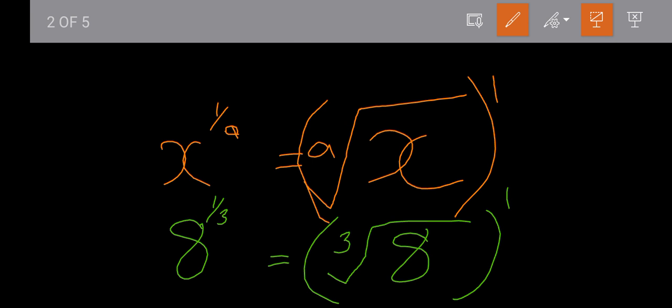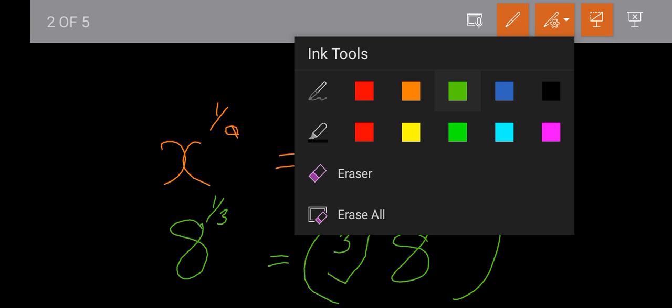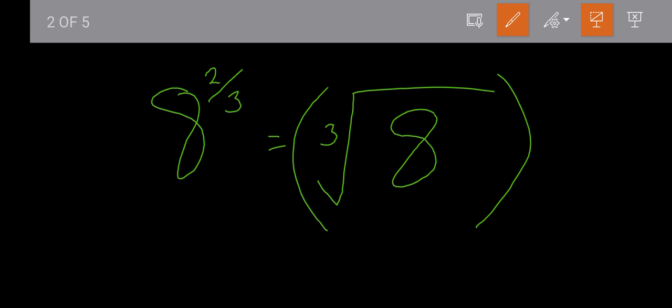So if I've got 8 raised to the power 2 over 3, this is going to be the root of the denominator, of the base, to the power 2.